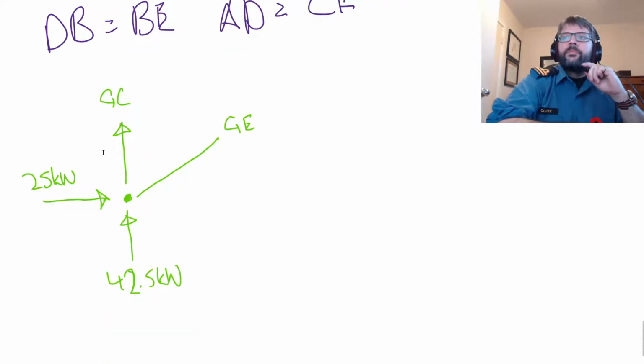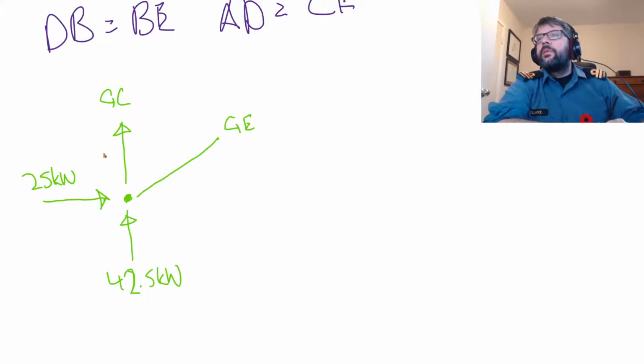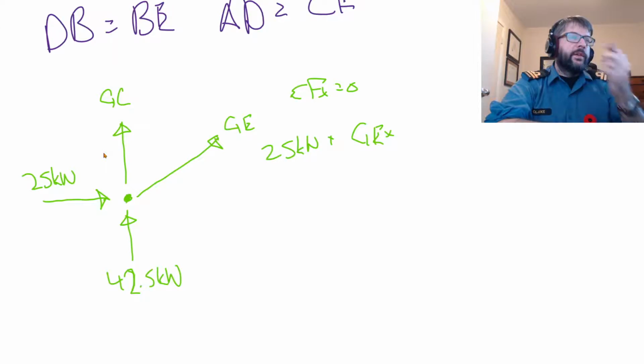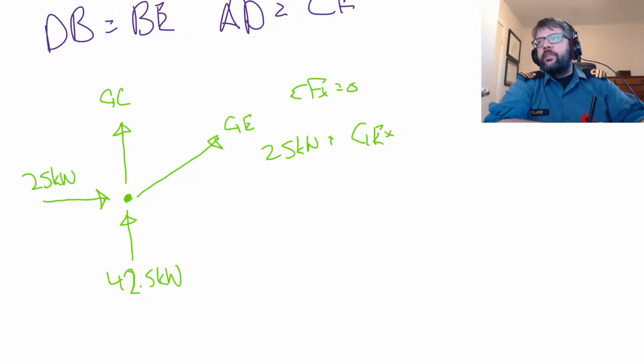So, looking at this, we know that we can solve for GE because it and the 25 kilonewtons are the only ones that have any x component. So, the sum of the forces in the x is equal to 0. 25 kilonewtons plus GE times its unit vector in the x direction, which is going to be 6 meters divided by root 45 meters, is equal to 0.